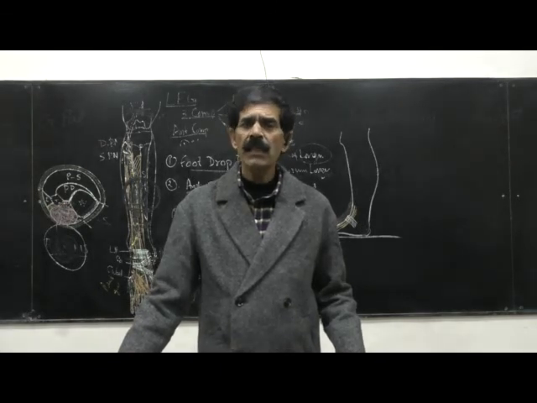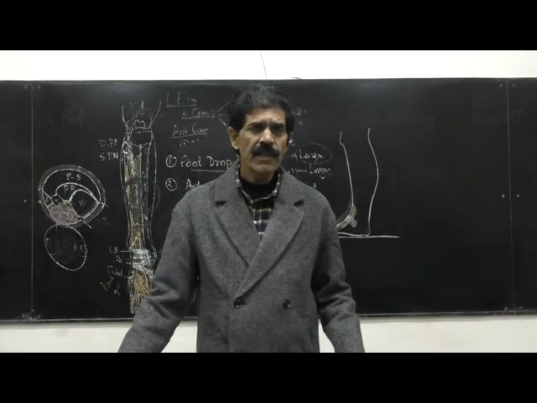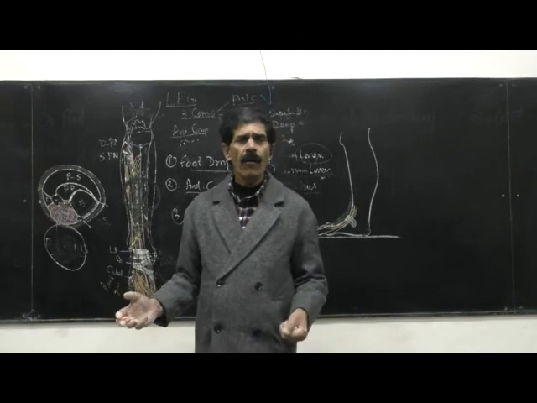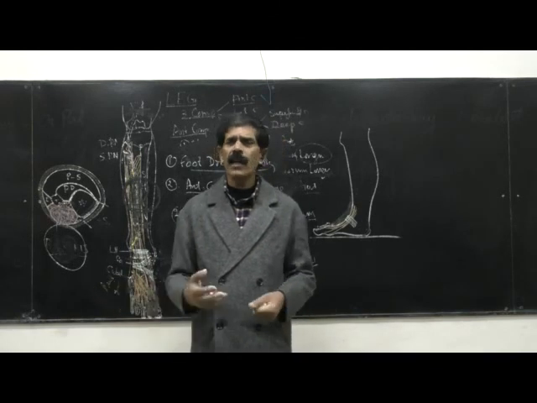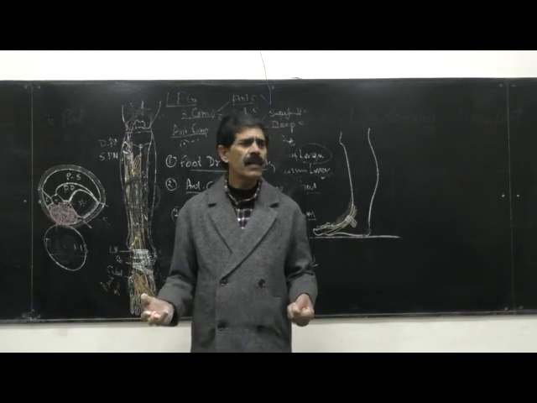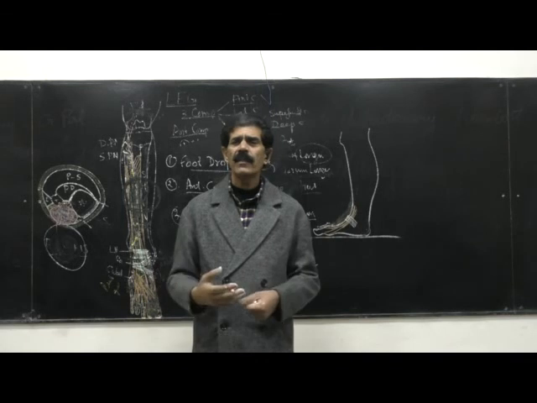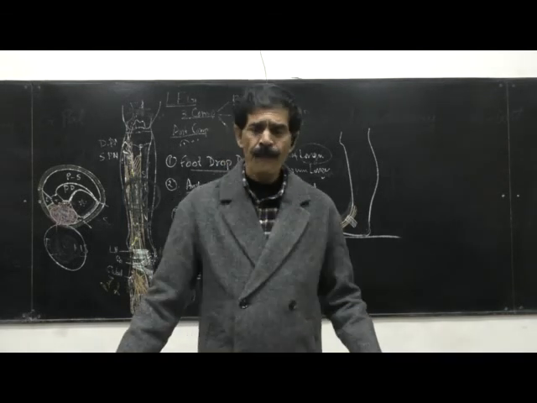What is gangrene? Dead tissue in a living body. All the muscles supplied by the popliteal artery branches, anterior tibial, posterior tibial, and the peroneal artery, supplying all the 3 compartment muscles, undergo gangrene, which is an irreversible phenomenon.